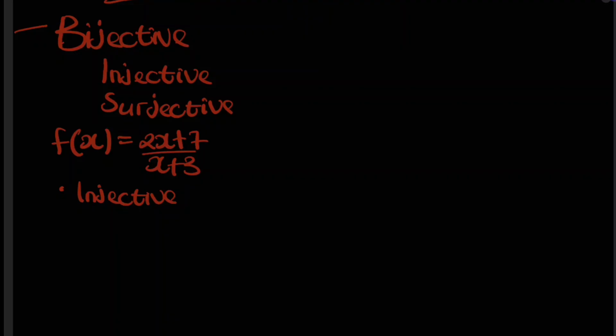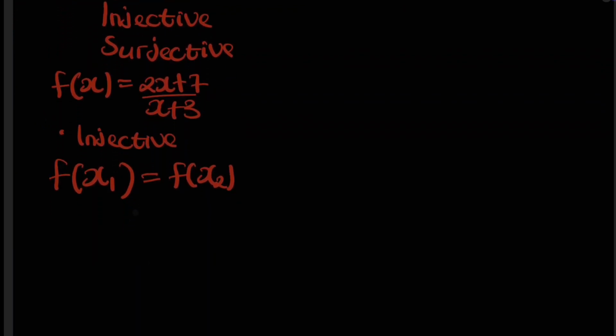So let us start. Remember in my previous video, I said for injectivity, f of x1 should be equal to f of x2, which is the same as x1 equal to x2.